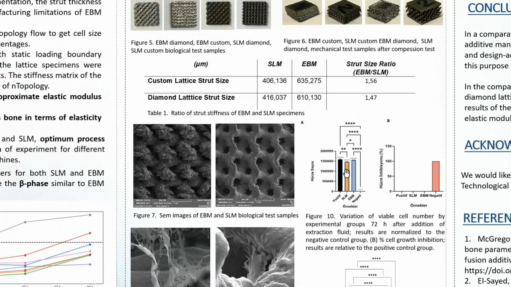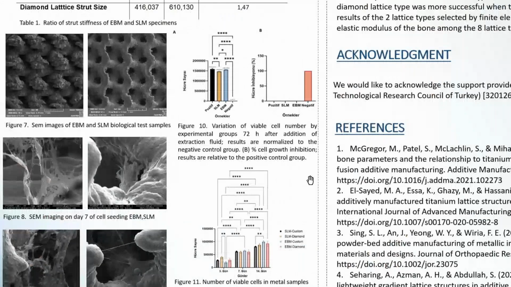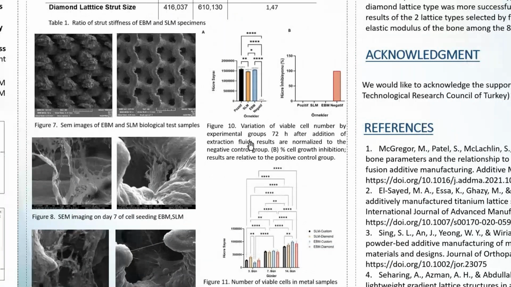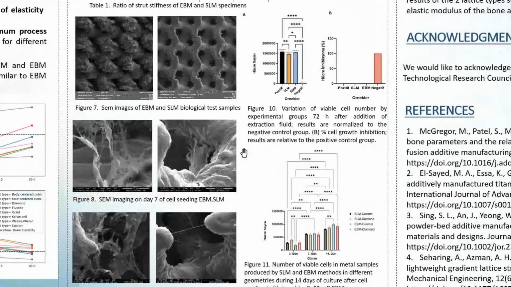You can see the variation of the viable cell numbers by the experimental groups. The cell viability is higher in the EBM than the SLM, but the results didn't show us that the EBM is better.